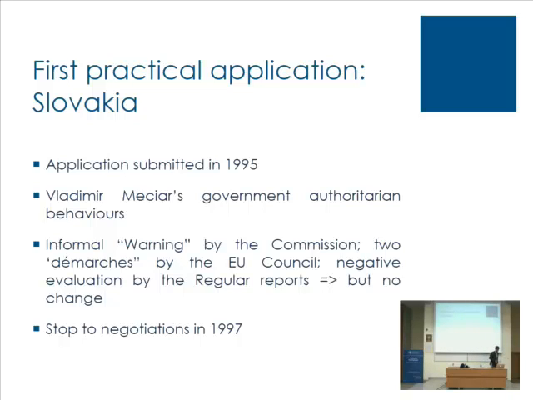So that's why in 1997 negotiation was stopped with Slovakia until the election of 1998, when Prime Minister Meciar lost the election and was replaced by another coalition, a pro-European coalition. So it was the first application of the political criteria, and the first time political criteria was used to block negotiation with a country.